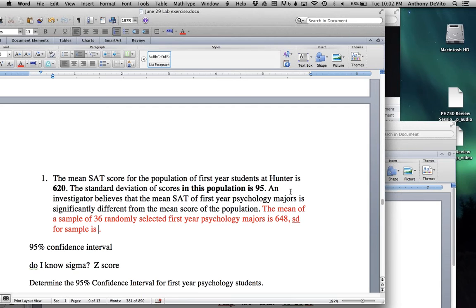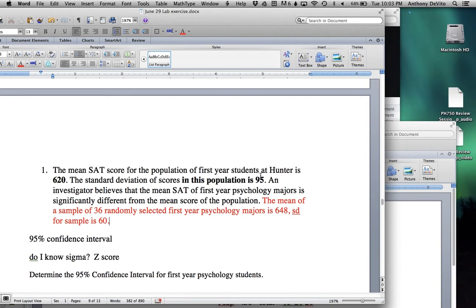Let's call it 60. Standard deviation for the sample is 60. So it happens to be different than the standard deviation for the population. That's okay. So now let's calculate our confidence interval.